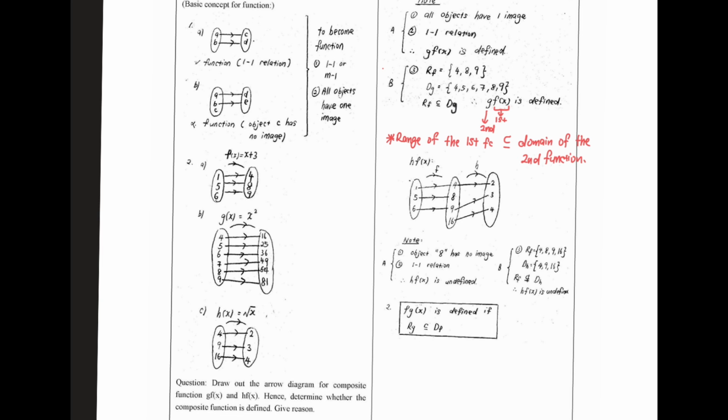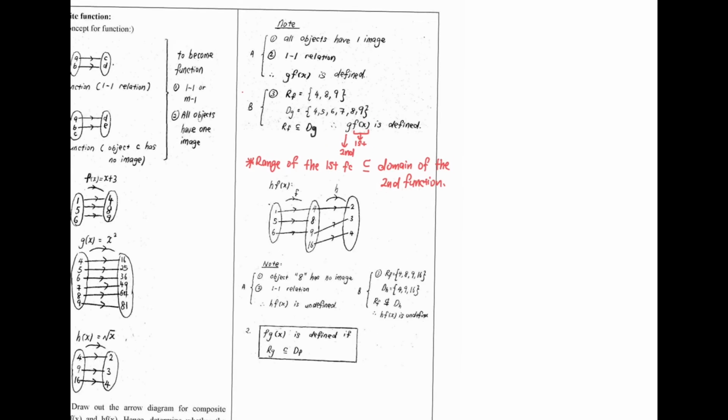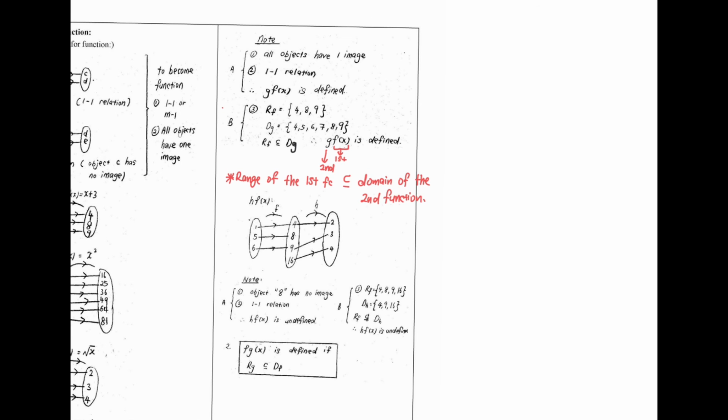So if they can fulfill this, then the composite function is defined. So you must be very quick in determining this.